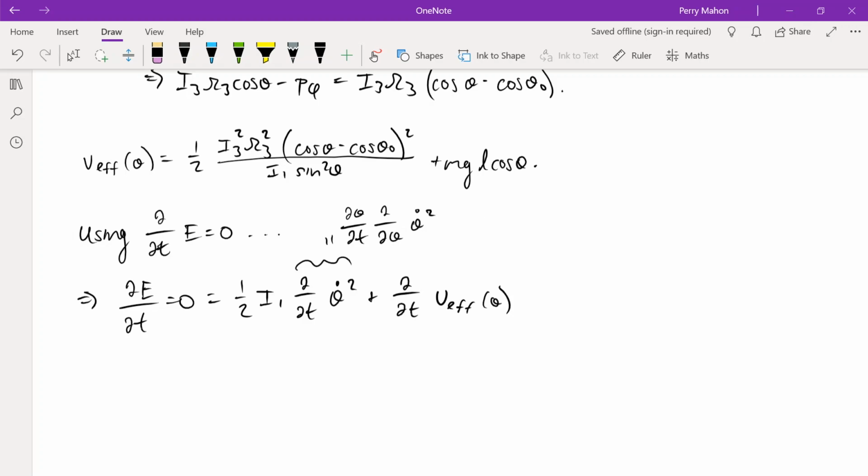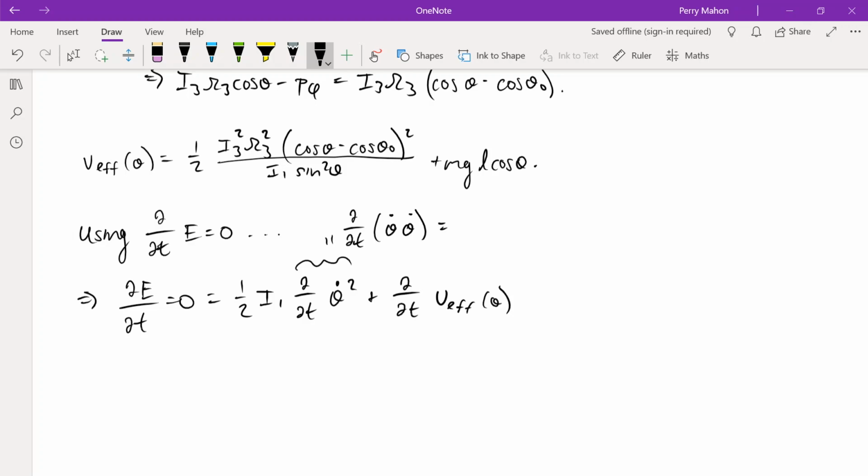No, sorry, that's, yeah, sorry. So this is just d by dt of theta dot squared.